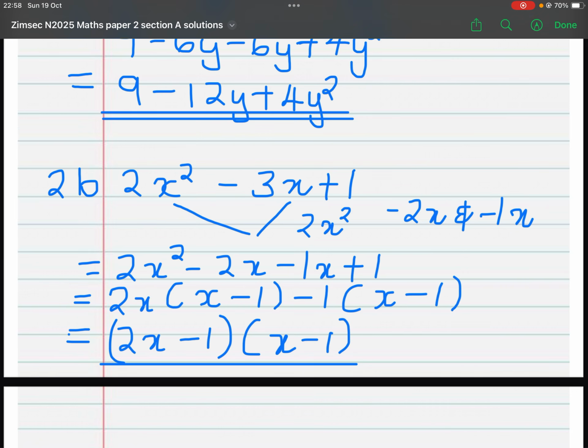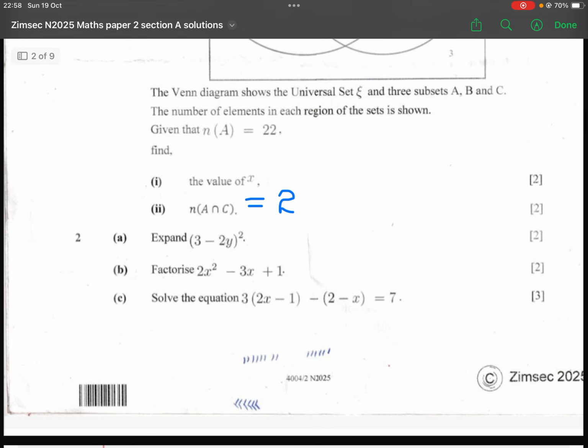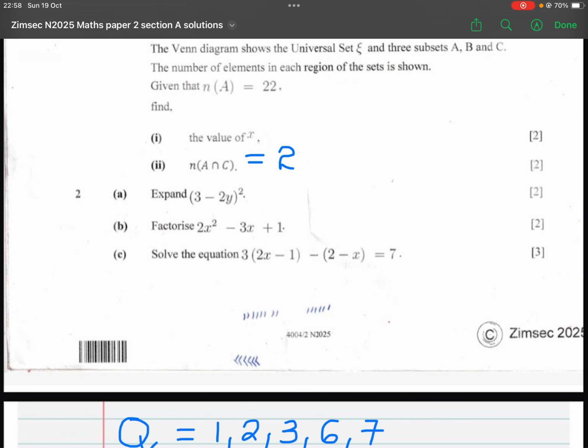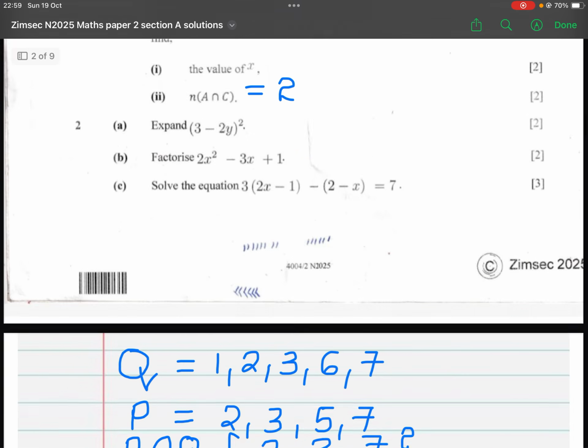Let us now check the part C of the question. In part C of the question, we are required to solve the equation. We need to find the value of x. So it is reading, solve the equation 3 times 2x minus 1 minus bracket 2 minus x is equal to 7.